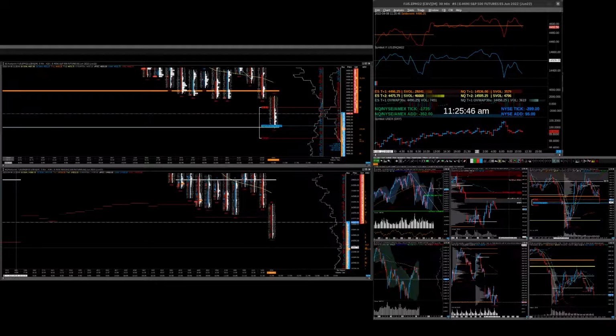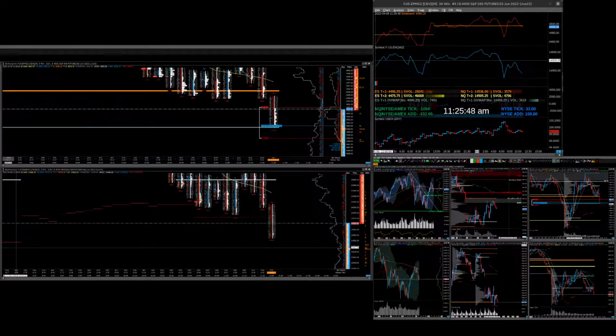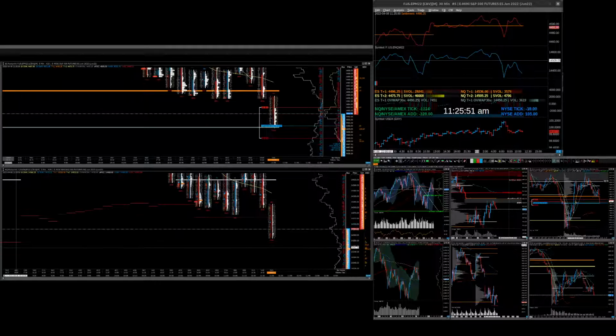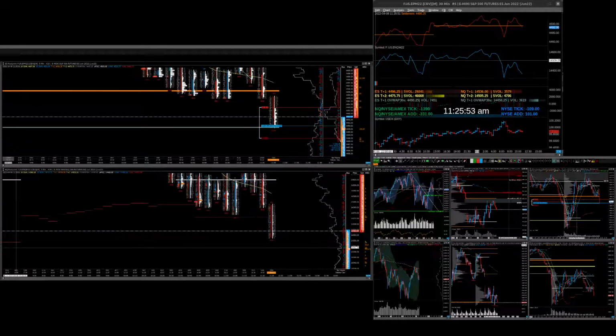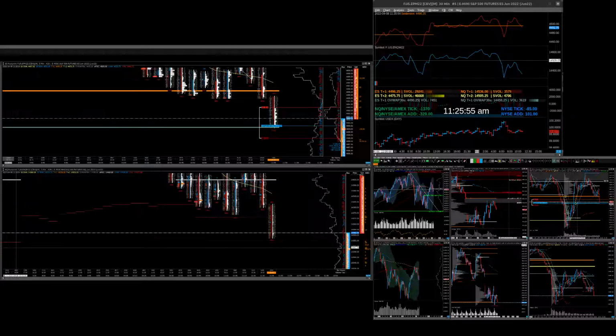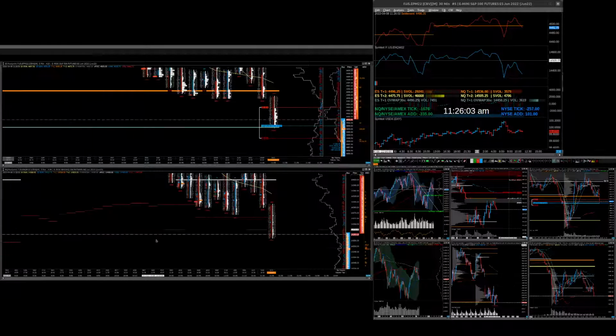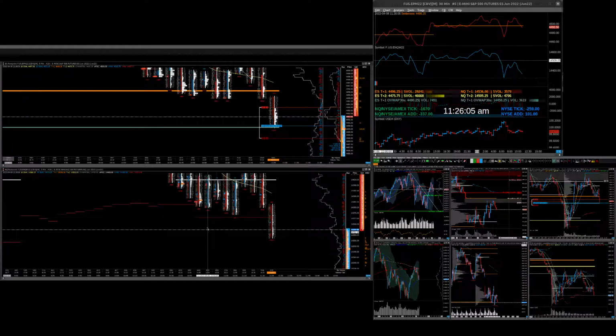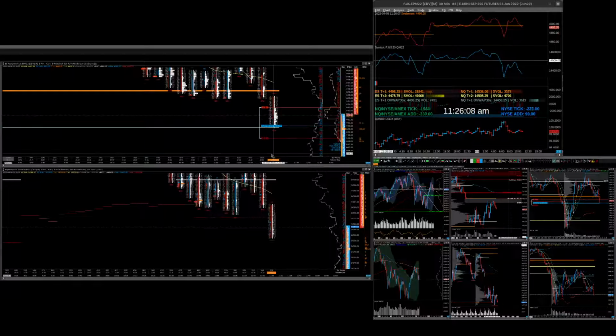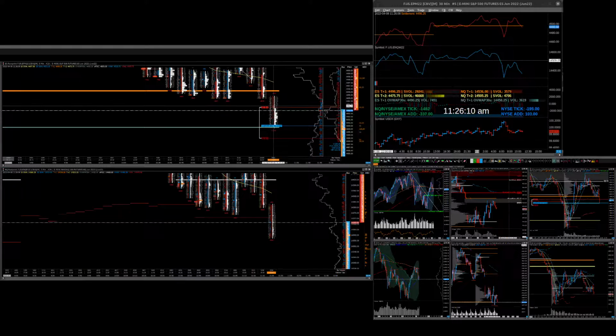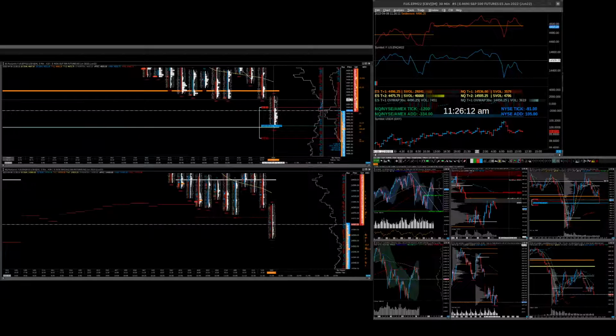You see here we have opening VWAP, and then we have this consolidative range here. See how I missed it by like a tick or something? That's okay, we'll give it a little bit of room. If you scale in a little bit here, you can probably put one profit taker up here at like 94.75 or something.